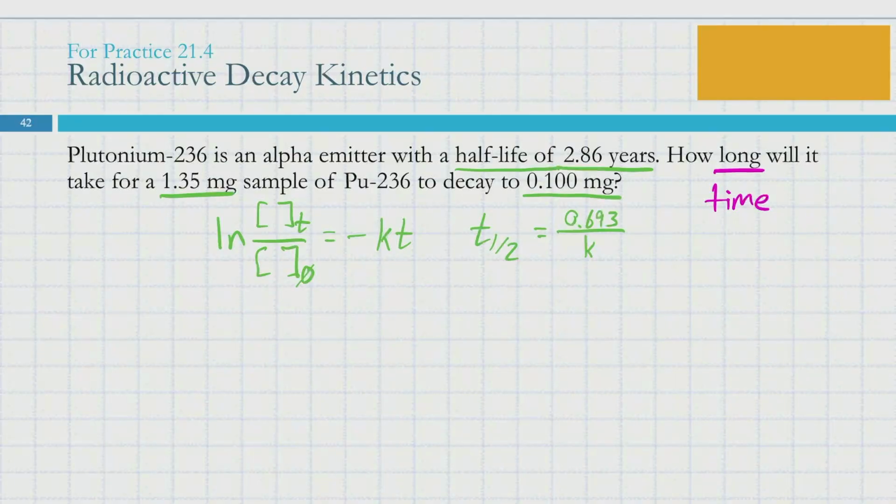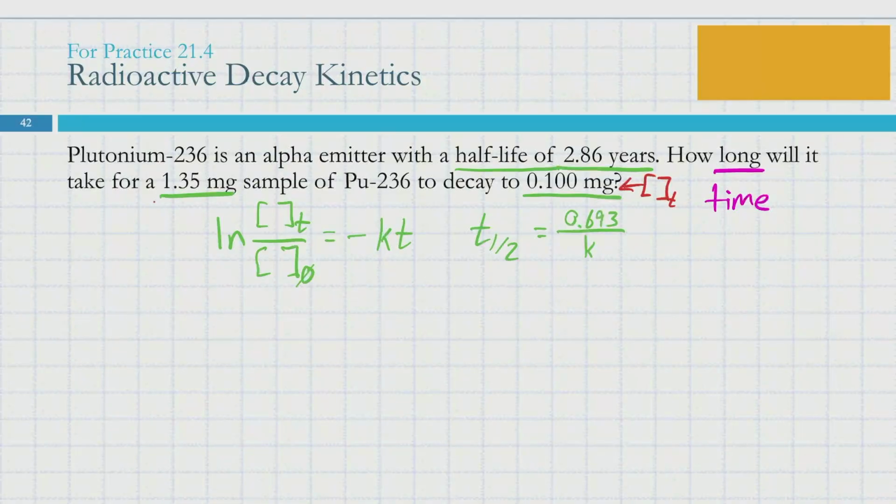All right. We have a half-life that was given to us. The half-life is where I'm choosing to start, because for our integrated first-order rate law equation, we need the concentration at t. That's going to be this 0.100 milligrams.